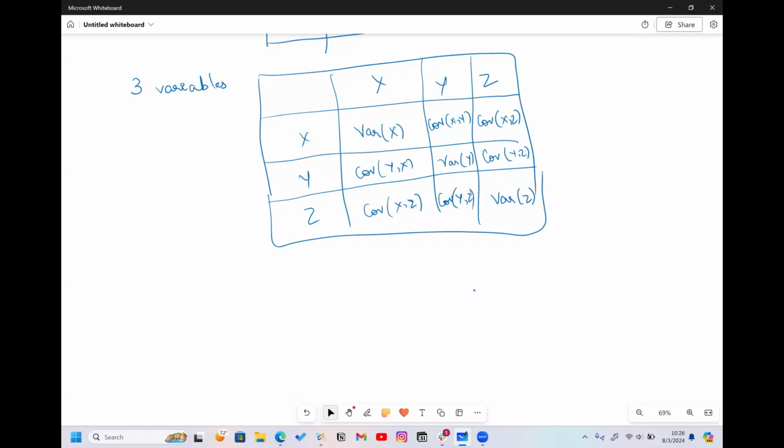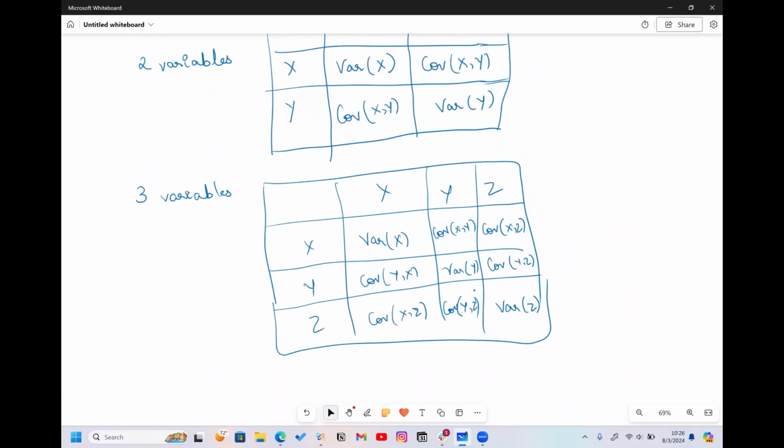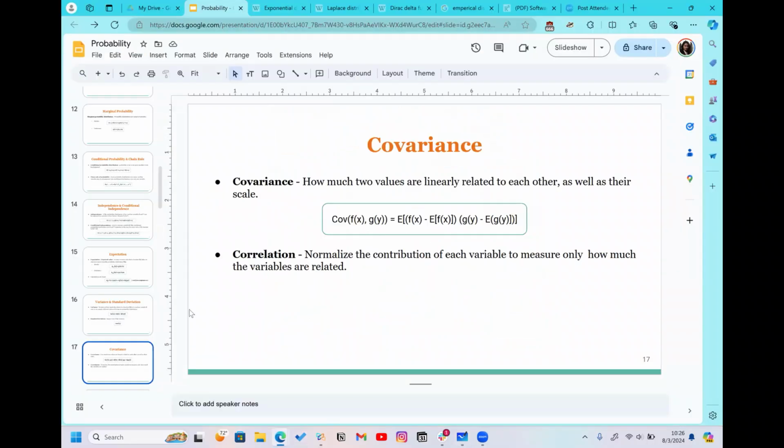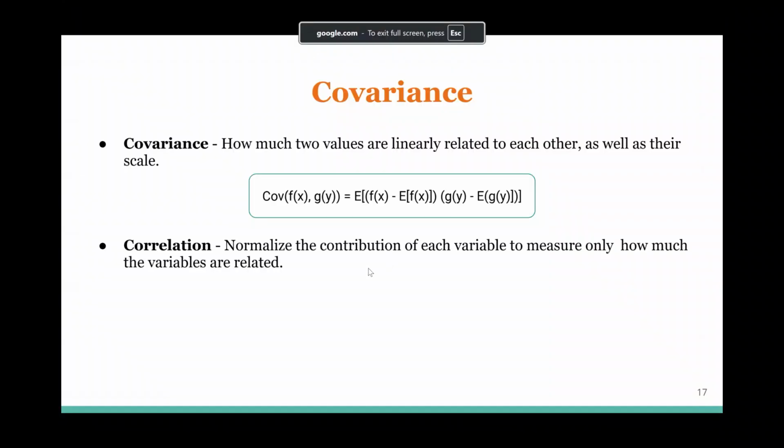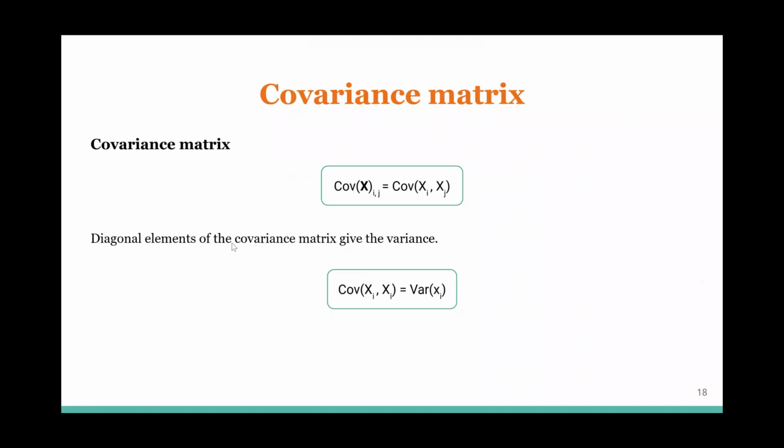This is how we represent the covariance matrices for the relationship between different variables. And this can be extended to many variables. This is also very useful in stats and machine learning when comparing different probability distributions. So that's what is shown here. We talk about correlation and then the covariance matrix, with the diagonal elements giving the variance of the variable.